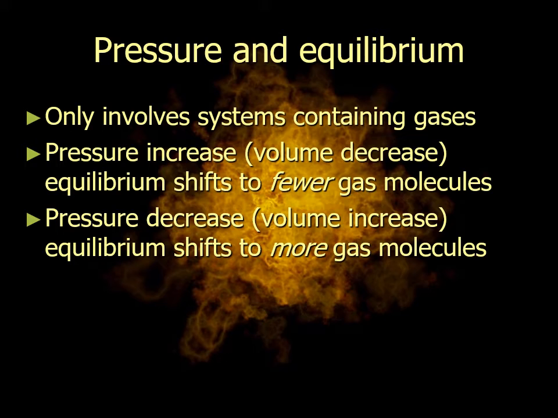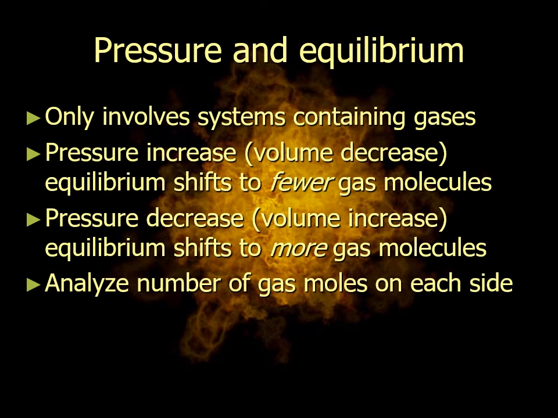And of course, if we do the opposite, the opposite effect will occur. So pressure decrease, which is also equivalent to increase in the volume, the system will try then to make more gas molecules to make more pressure to make up for that deficiency. So the approach here is analyze the number of gas molecules on each side of the equilibrium.